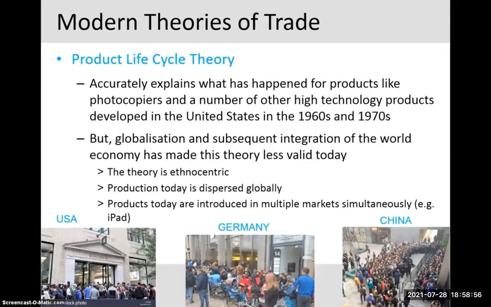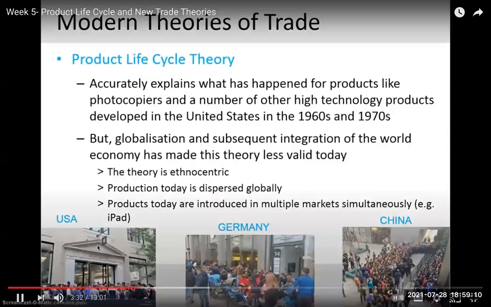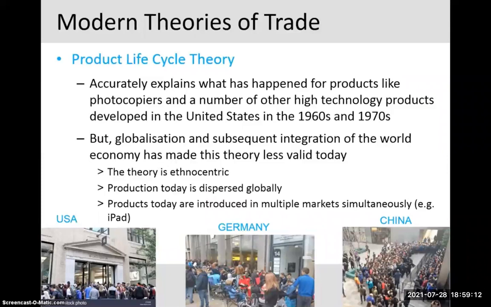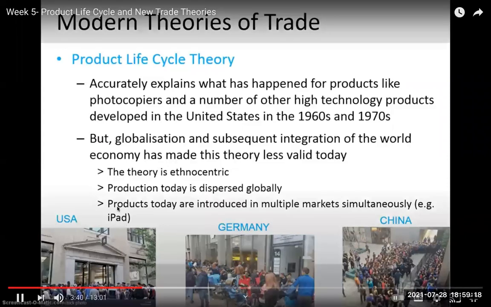What we've seen is that globalization and the subsequent integration of the world economy has made it less applicable to many parts and many industries today. As I mentioned before, the theory is very much ethnocentric. It is heavily based around the US market and the belief that the US market is best and most conducive to supporting these types of industries. And we've seen that that simply isn't always the case.